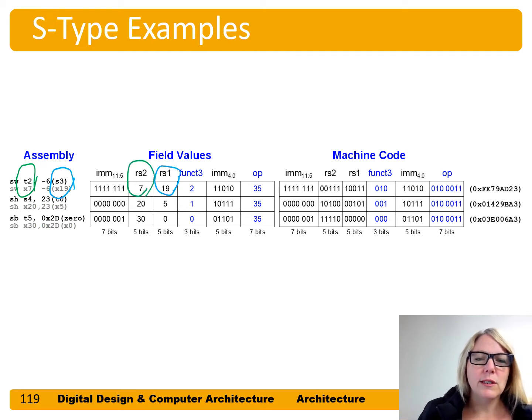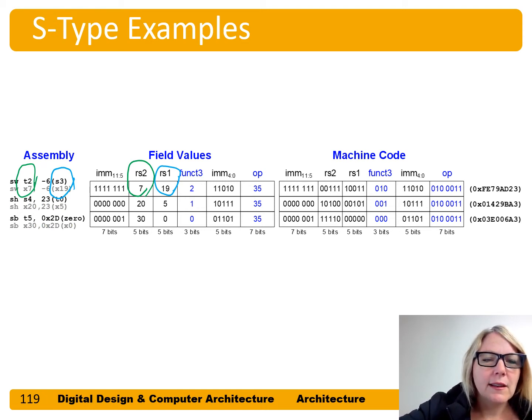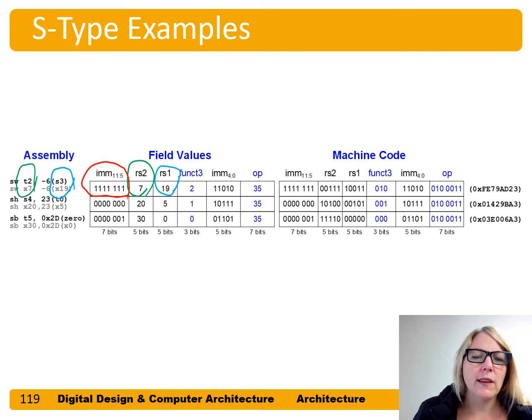That's RS2. And then we have this immediate field, -6, which is all ones and then 0, 1, 0. The upper 7 bits are stored in the upper bits of the instruction, and then the lower 5 bits are stored right next to the opcode, lower in the instruction bits.